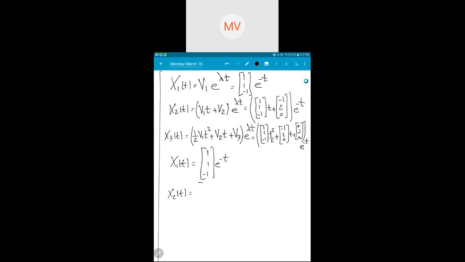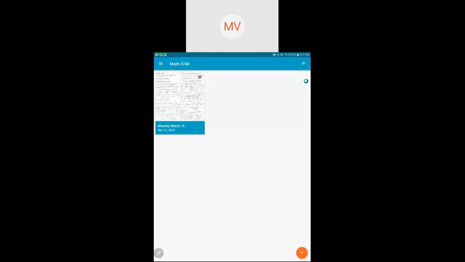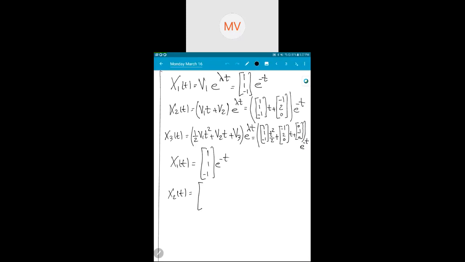x2 of t is, let's see, so we get t, t minus 1, t plus 2, negative t, e to the negative t. And x3 of t is half t squared, half t squared, negative half t squared, minus t plus 0.